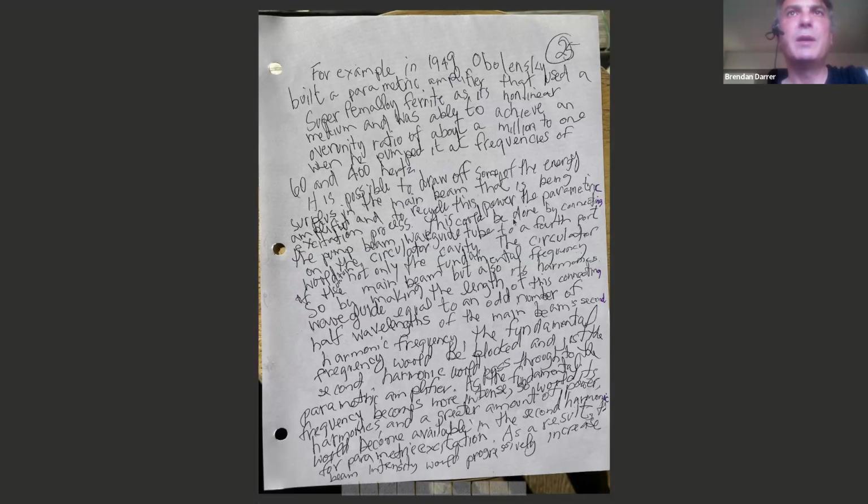This could be done by connecting the pump beam waveguide tube to a fourth port on the circular cavity.